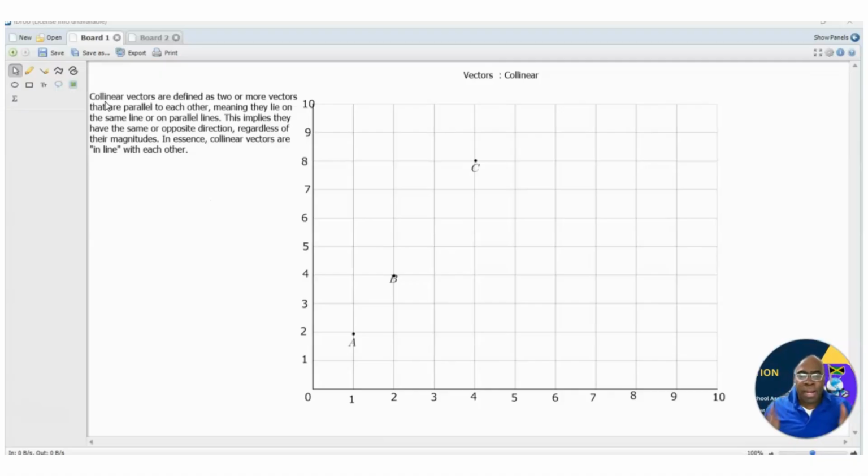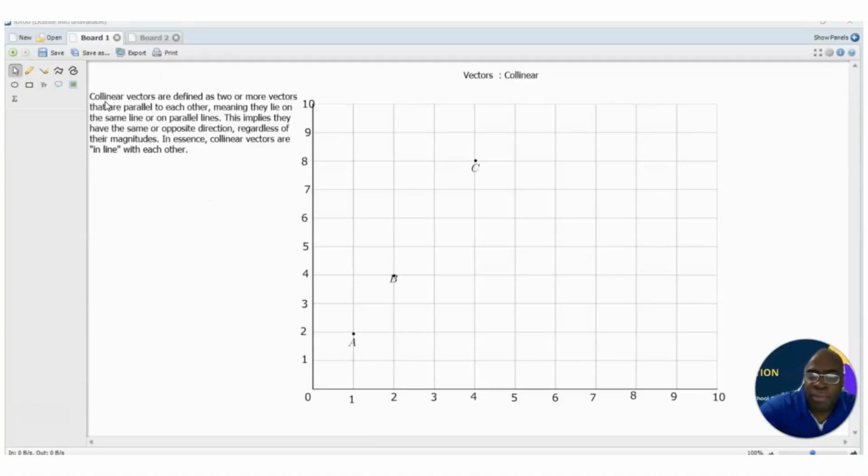So if they are parallel, they are still collinear, and if they are on the same line, they are still collinear. This implies they are in the same or opposite direction, regardless of their magnitude.